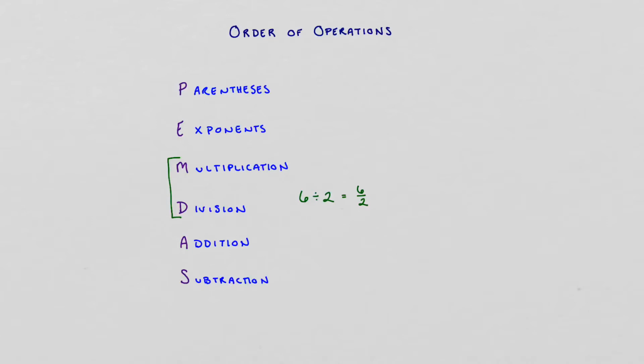And we could expand this out, so this could become 6 over 1 times 1 over 2. These three statements are all equivalent to each other, hence the equal signs in between each of those statements. Because division is really just a multiplication with fractions, we're able to lump it in the same grouping as multiplication.